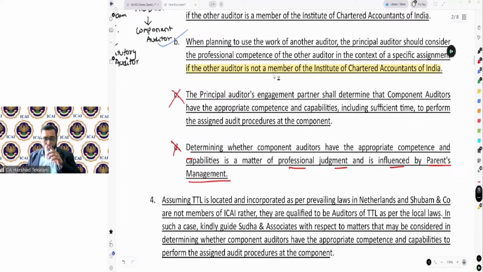Come on, guys. What procedures will you perform? Are you understanding question number 4?